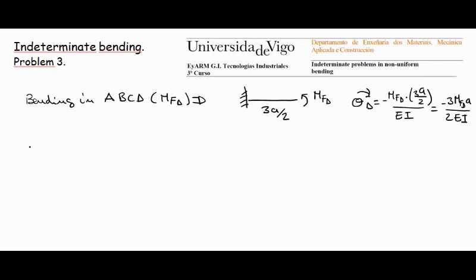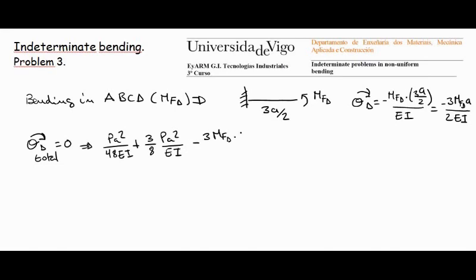Okay, so the complete slope of D, the total slope of D, is equal to 0, and the addition of the three addends we calculated before: PA squared divided by 48 EI plus 3 over 8 PA squared divided by EI minus 3 MF at D times A divided by 2 EI. Okay, so this has to be equal to 0, and this enables us to calculate the bending moment.